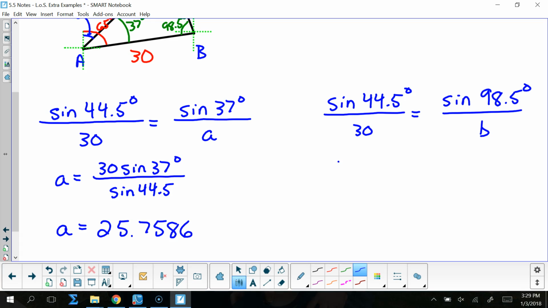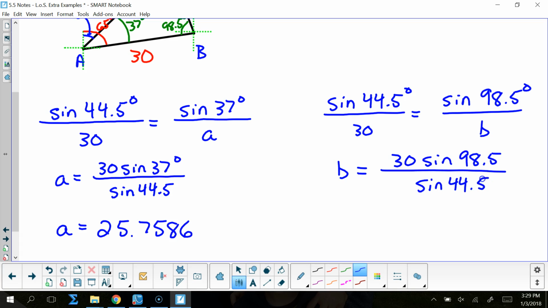If I solve for side B, that's going to be 30 times the sine of 98.5 divided by the sine of 44.5, and I'd get side B to be 42.3314.